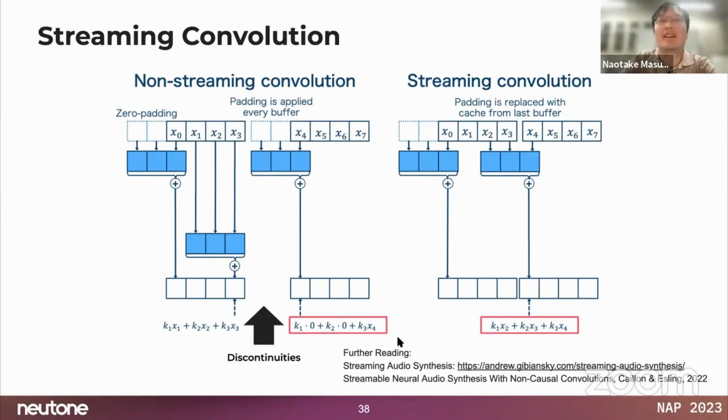It's a pretty lesser known technique, but there are some libraries for it. Obviously, Neutone SDK has the TCN, and you should look at that and use it for your audio effect.